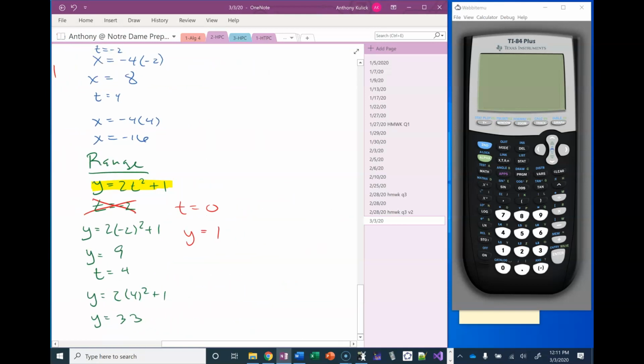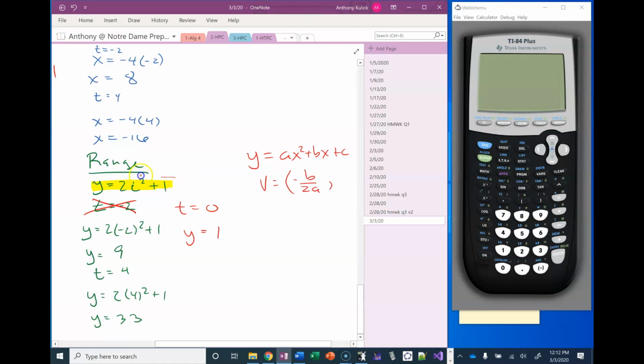So for those of you that weren't sure how Kara got that value for t, if we remember for the quadratic function y equals ax squared plus bx plus c, the x coordinate of the vertex is -b over 2a.